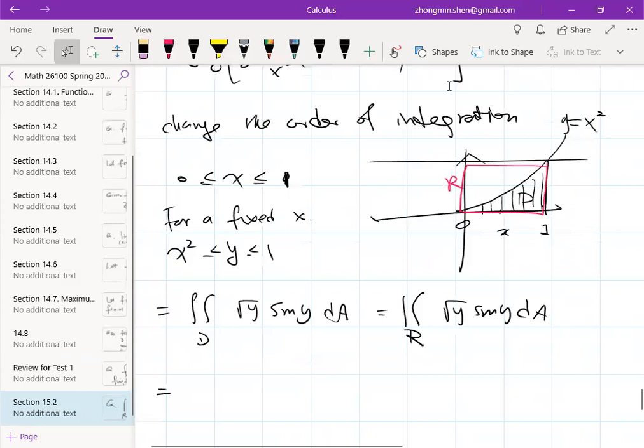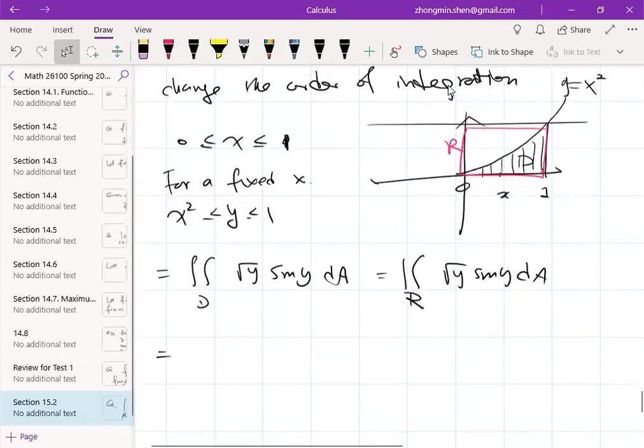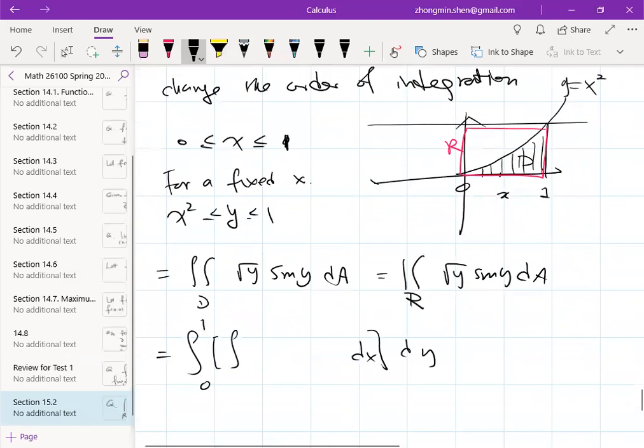Since you already have dx outside, this time I have to put dy outside. Exchange it. So what is the y value? The y value is from 0 to 1. And the x, I don't know yet. Right now x is still from 0 to 1, but I have to change this part. It's not going to be the function, it's going to be capital F.